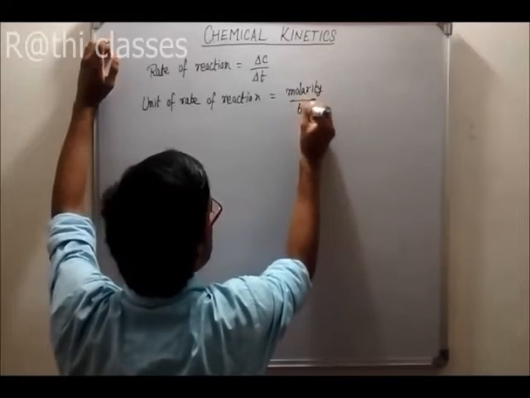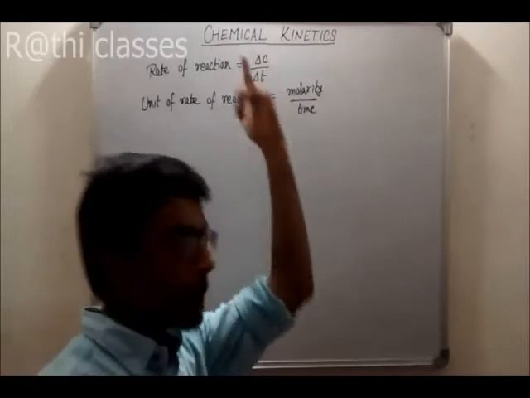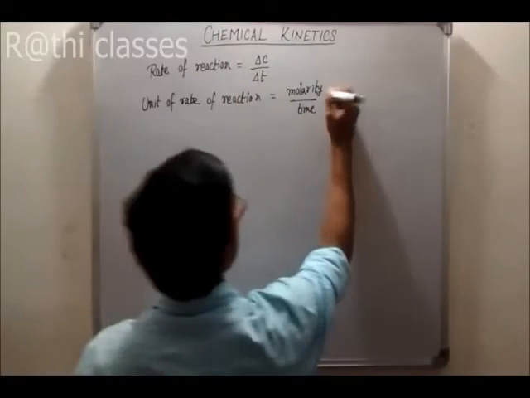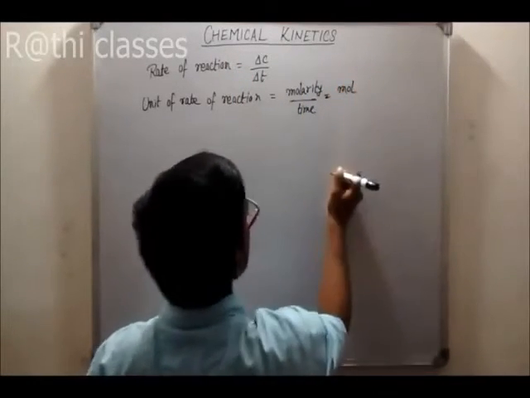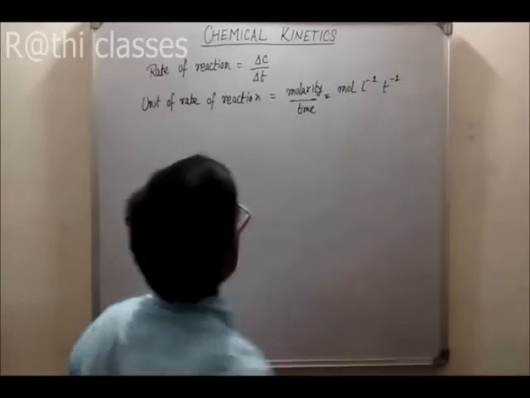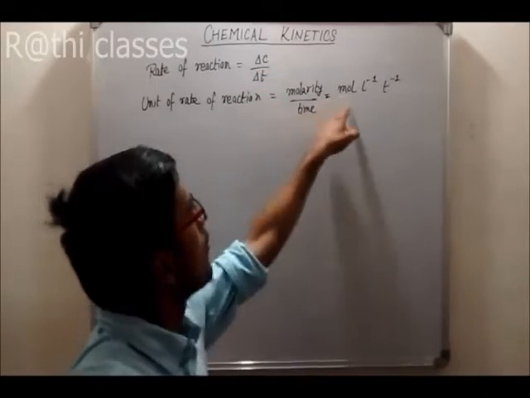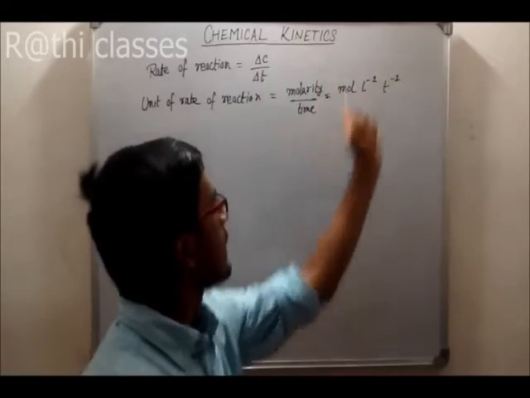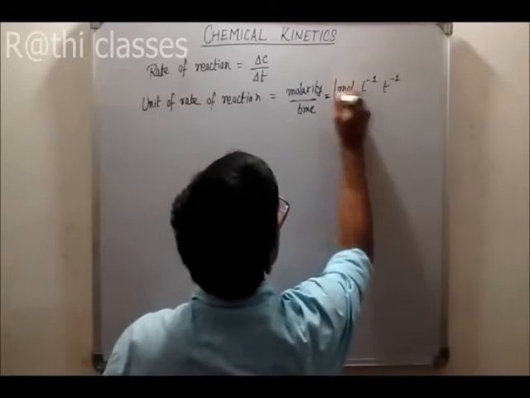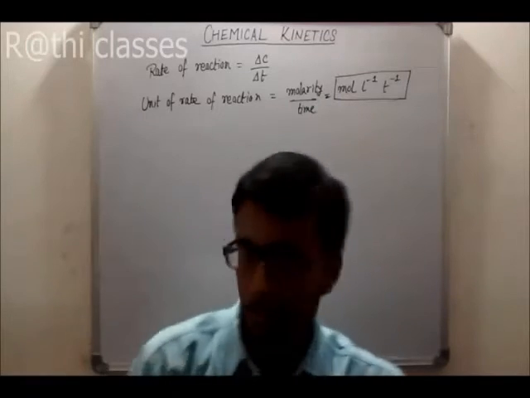As I told, the concentration we are measuring in terms of molarity, which is number of moles by volume of solution in liter, which is equal to number of moles, liter inverse. This will be molarity by time, so it will be mole per liter per time, so mole, liter to the power minus 1 and time to the power minus 1. This is the unit of rate of reaction.